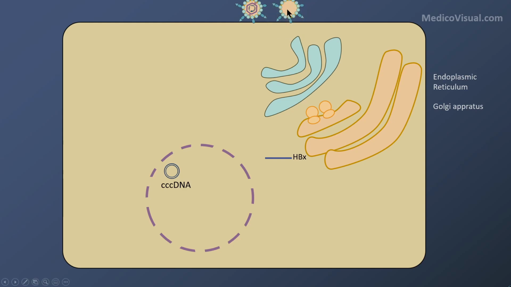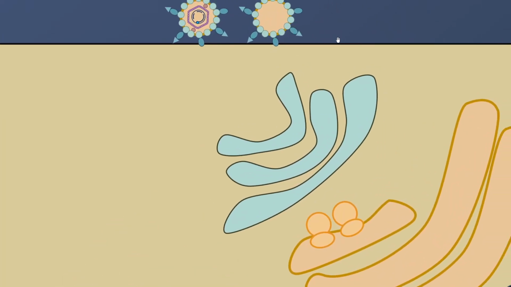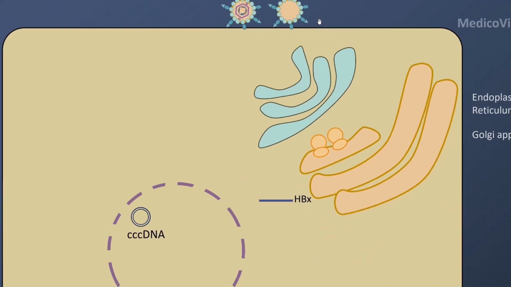And these empty non-infectious subviral particles are formed. Circular subviral particles are formed. Also there are subviral empty longitudinal particles that I have not shown in this diagram, right?